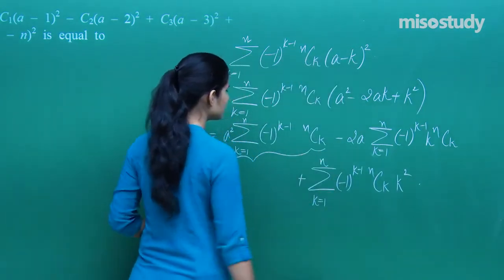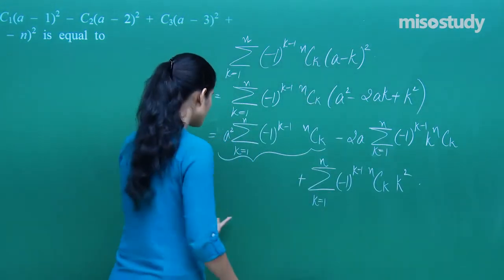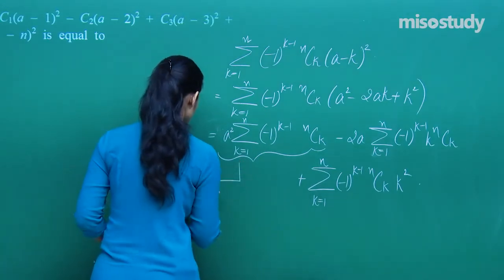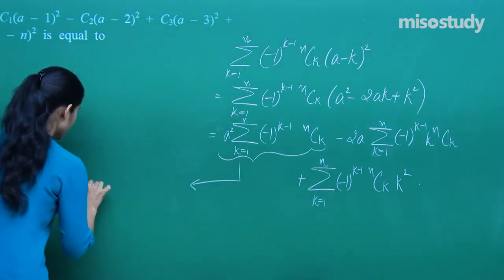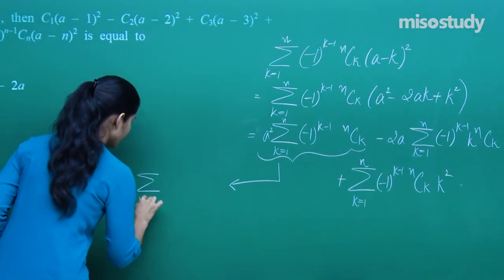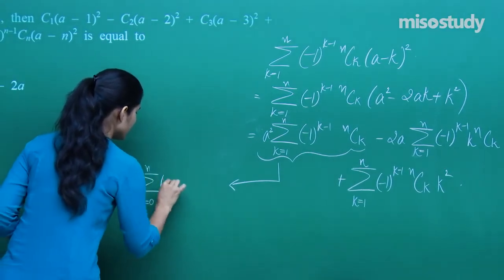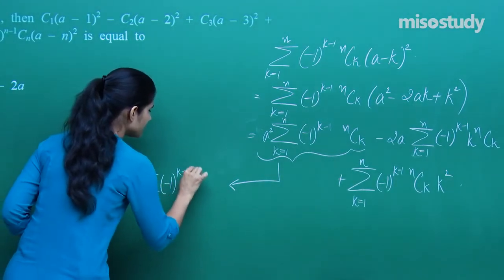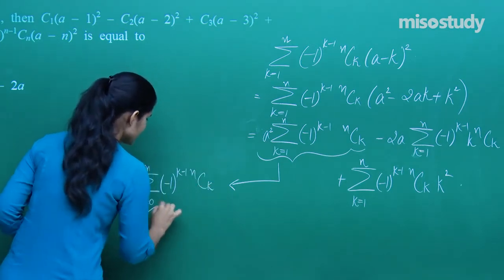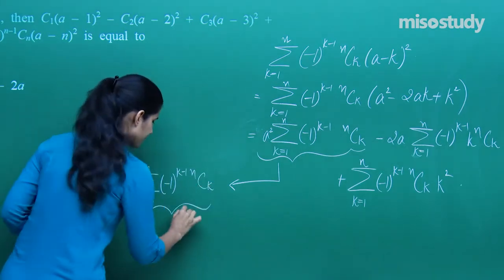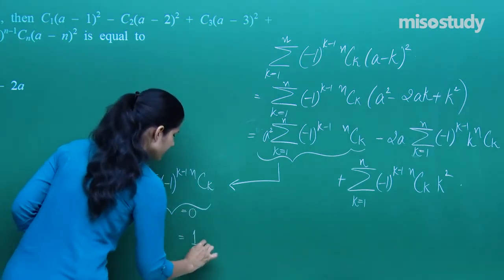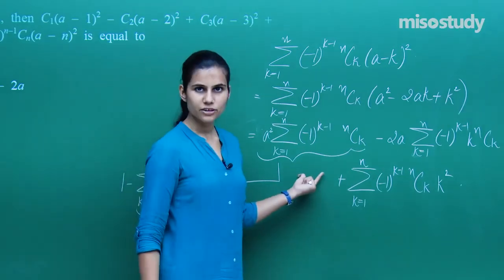If I talk about this summation, I can write this alternatively as what? This can alternatively be written as 1 minus summation k going from 0 to n minus 1 to the power k minus 1 nCk, and this is nothing but equal to 0. So from here you get 1 as the answer of this summation.